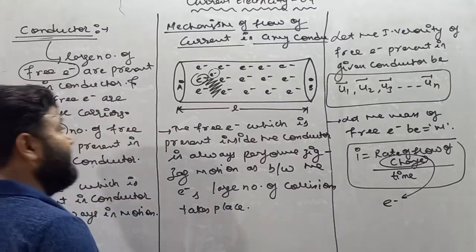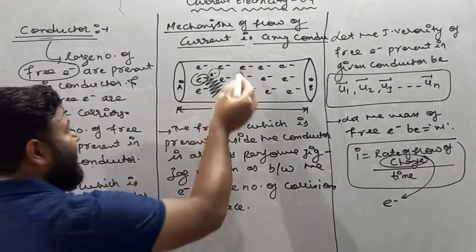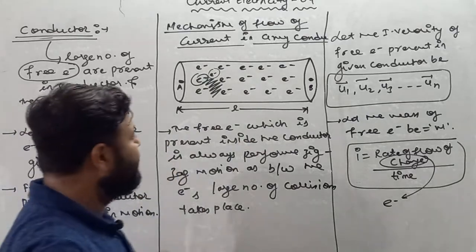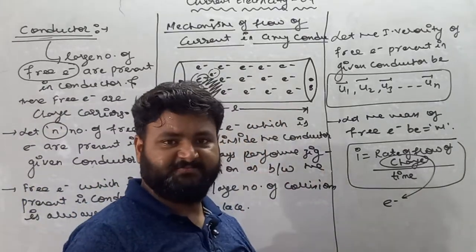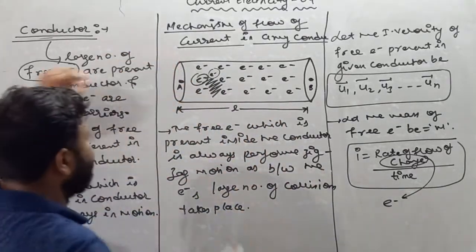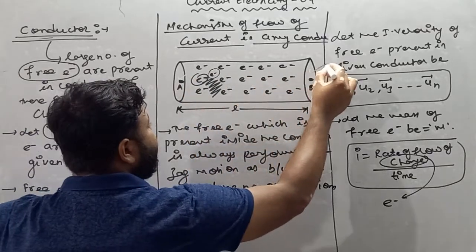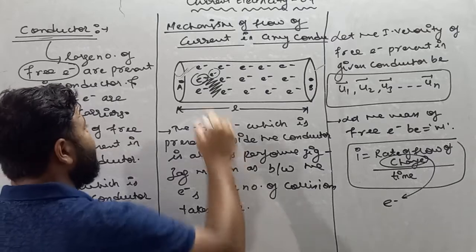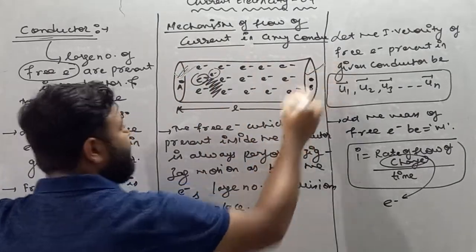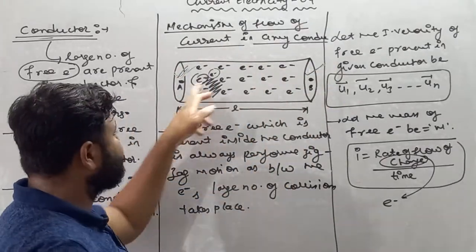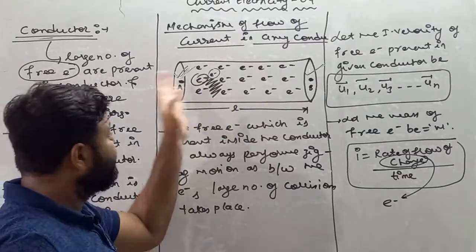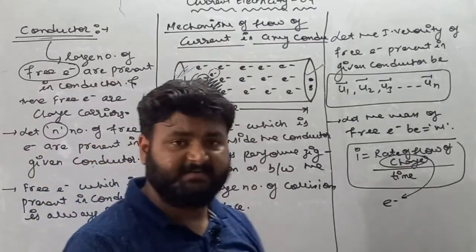So, my dear student, just imagine why these electrons are in motion but still current is not achieved. Because no electron can reach from point A to point B. No free electron reaches from point A to point B because once an electron moves, it collides with another electron.